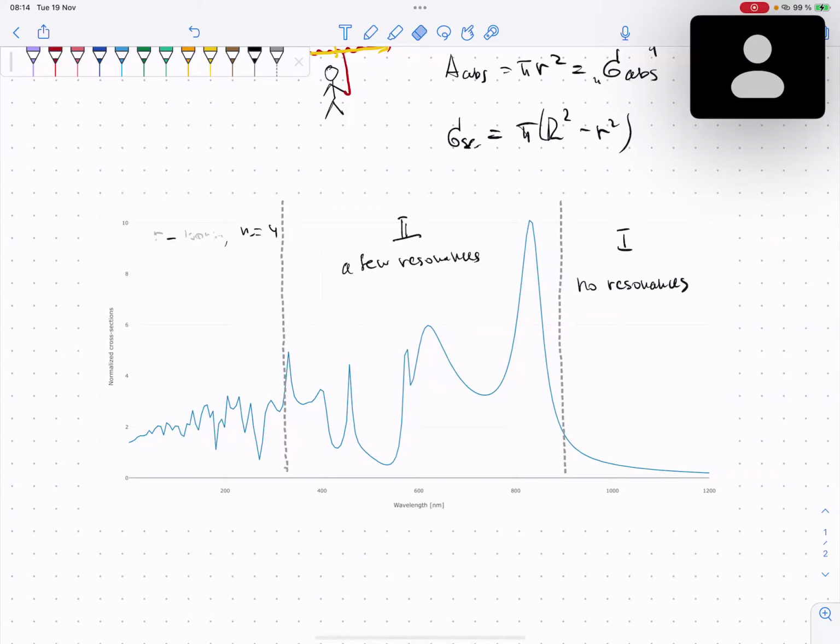And in the third region, we can see that there are so many resonances that we are basically unable to distinguish between them. Let me say, a lot of resonances.